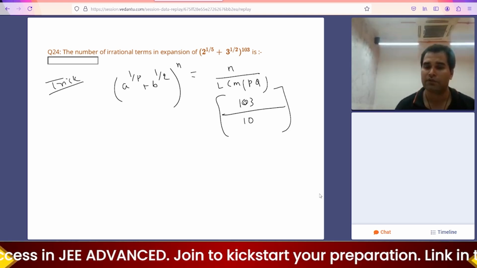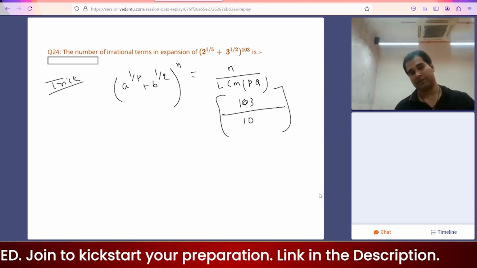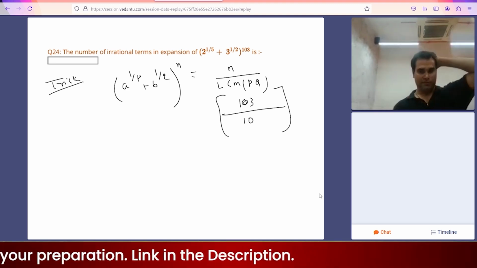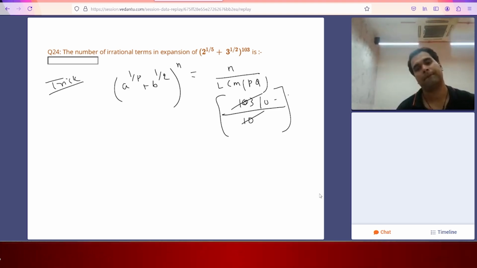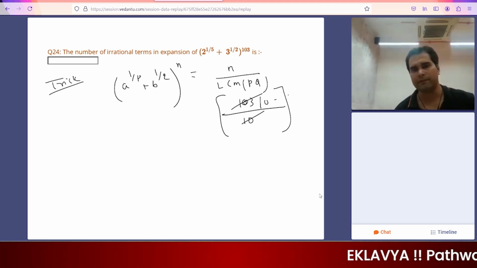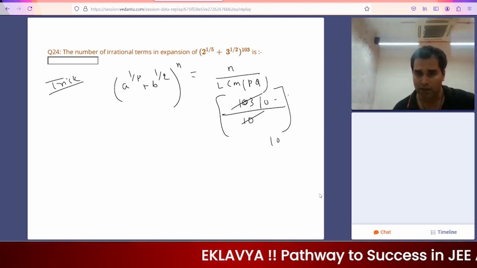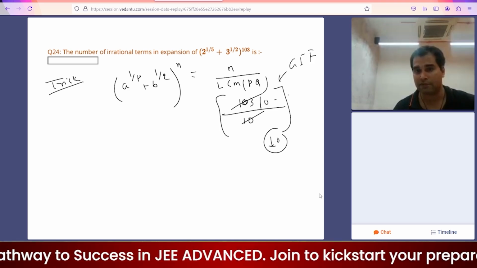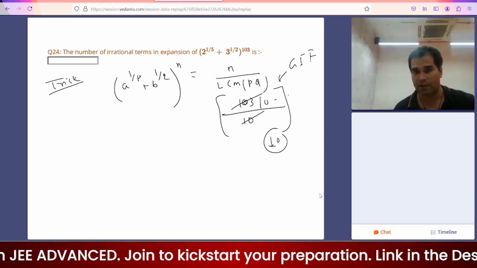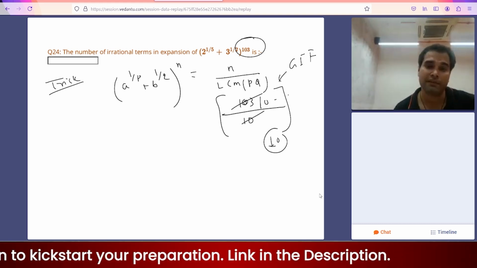Here n is 103, and we take the greatest integer. 103 by 10 is 10 point something, and taking the greatest integer function gives 10. So the number of rational terms is 10.